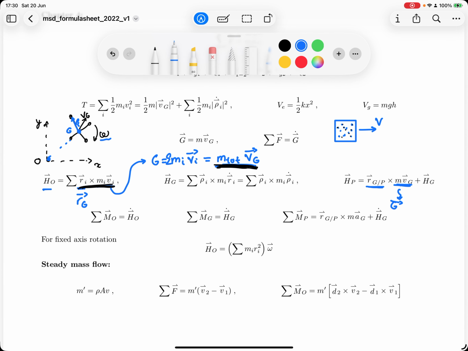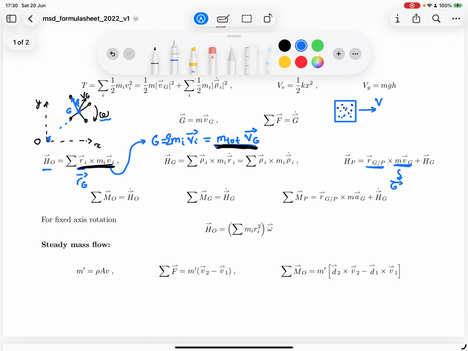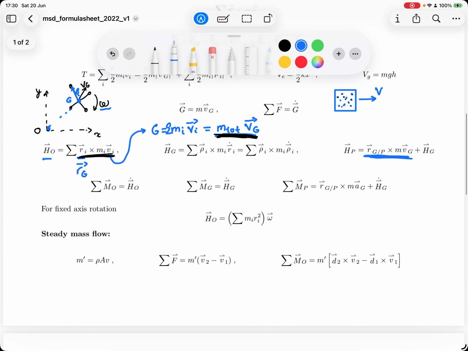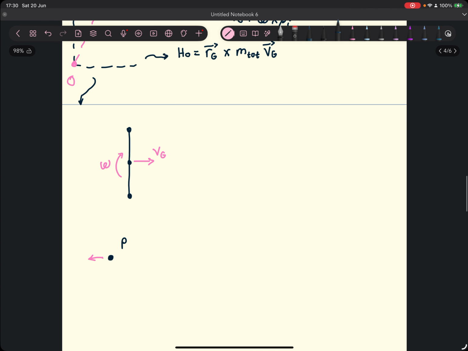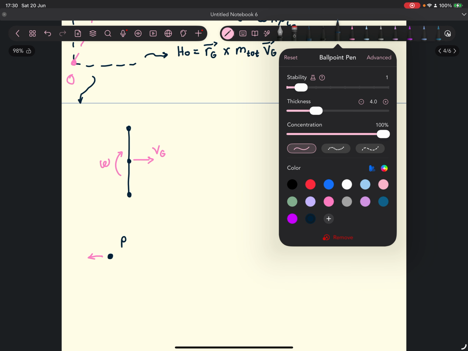So this accounts for the object going through pure translation, right? So it doesn't account for it actually rotating around point P or moving relative to point P, right? So this part over here just describes it translating.